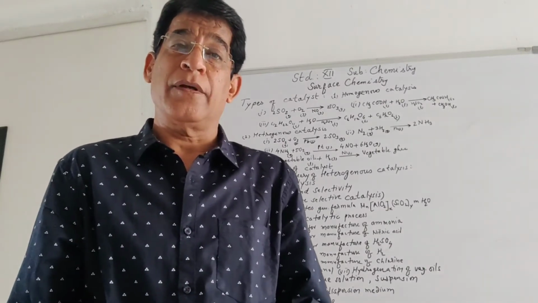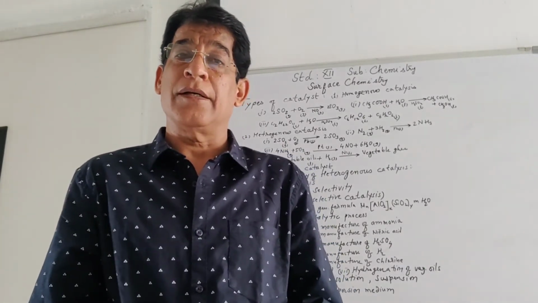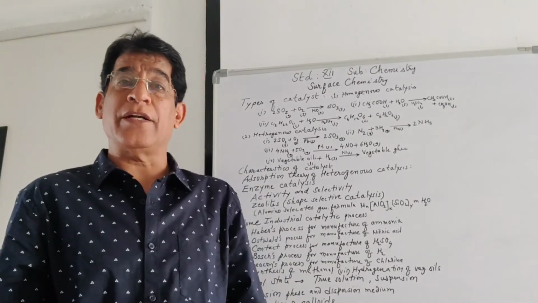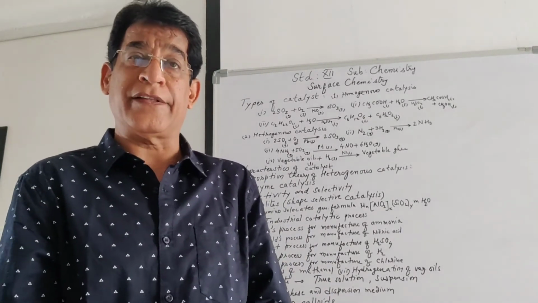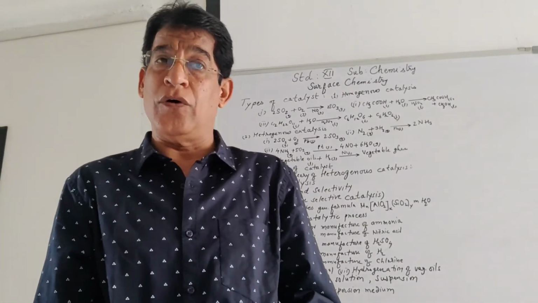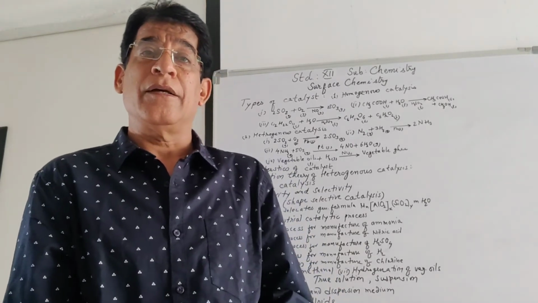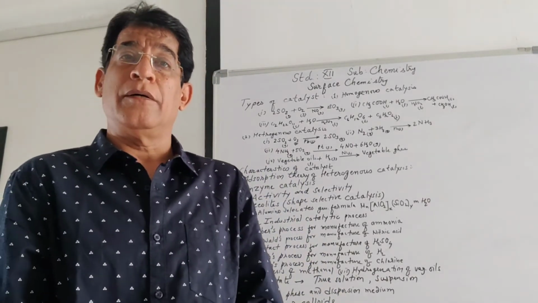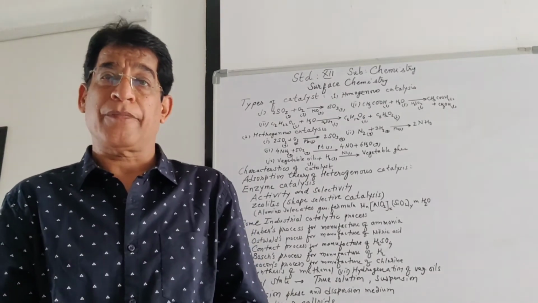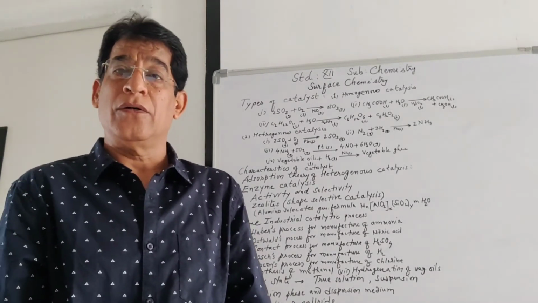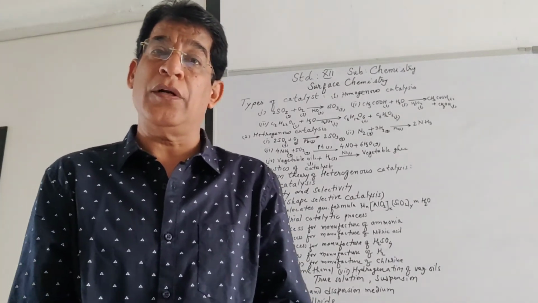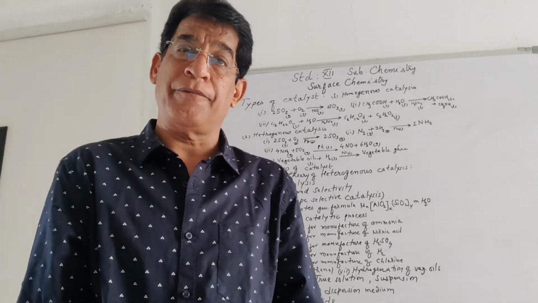Third system, emulsions, example milk, emulsified oils, medicines. Next system, sols, example most paints, starch in water, proteins, gold sol, arsenic sulfide sol, and ink.